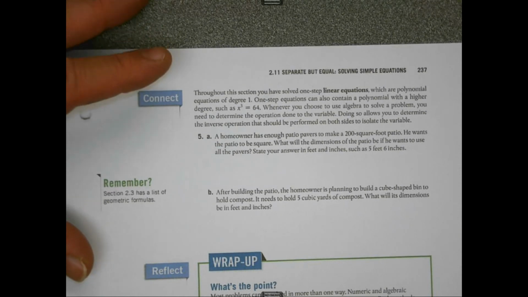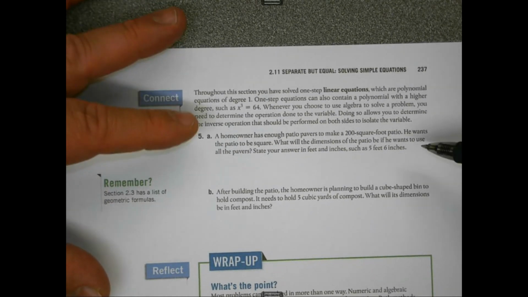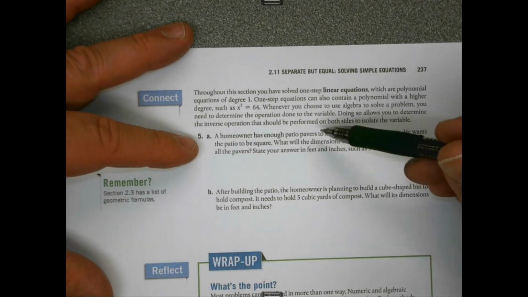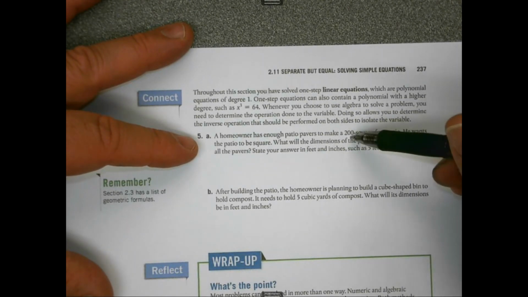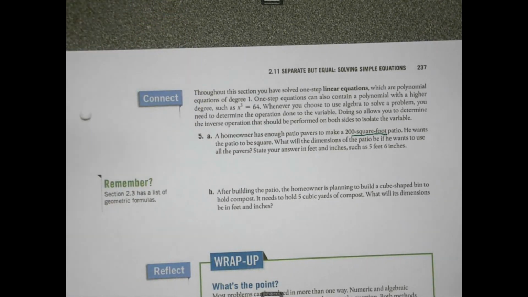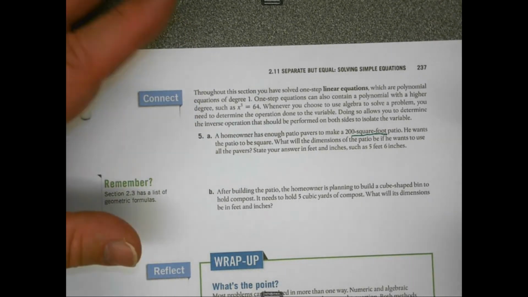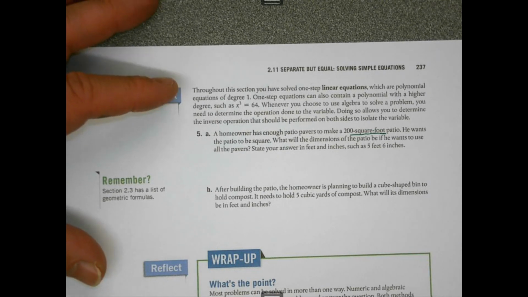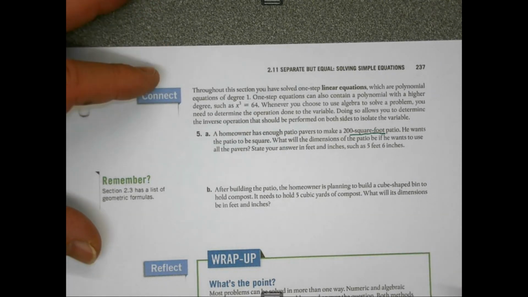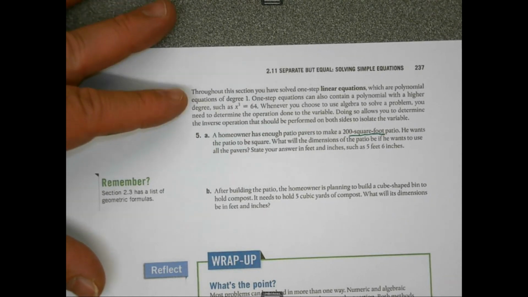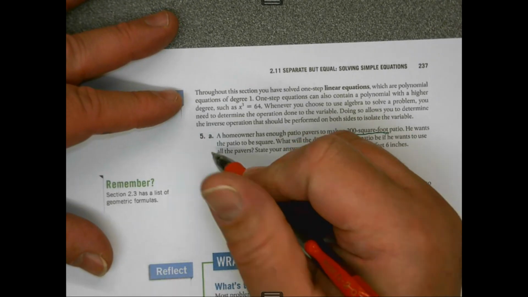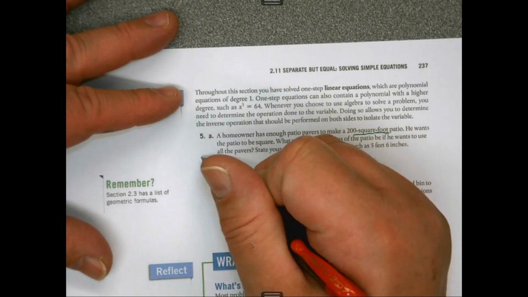So the formula for area of a square is side times side, or the area of a square is going to equal side squared. Okay, so our area we know to be 200 square feet has to equal, I'm going to use x for s, x squared.